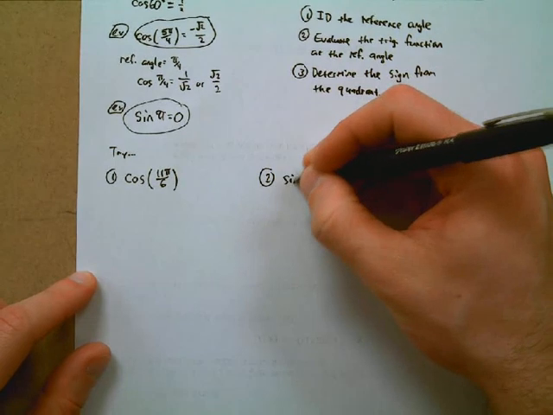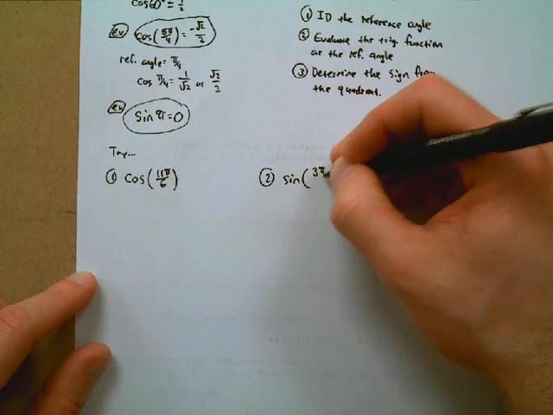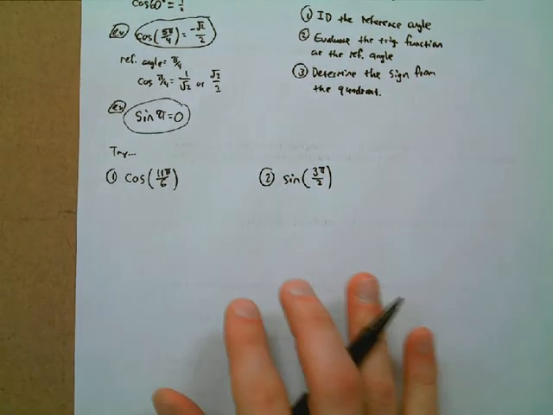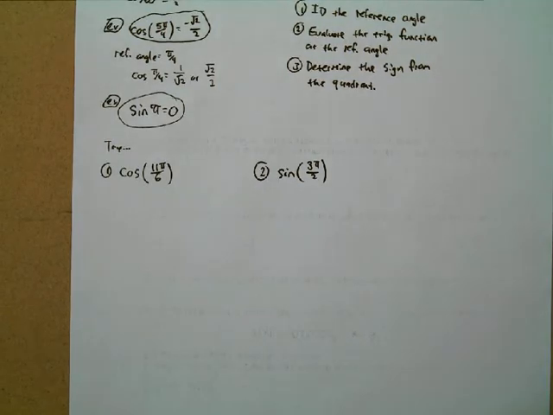So go ahead and try those, and then we'll talk about the rest of the trig functions. Cosine 11 pi over 6, sine 3 pi over 2. And I'll come around and help.